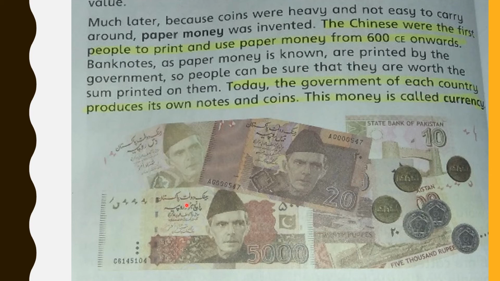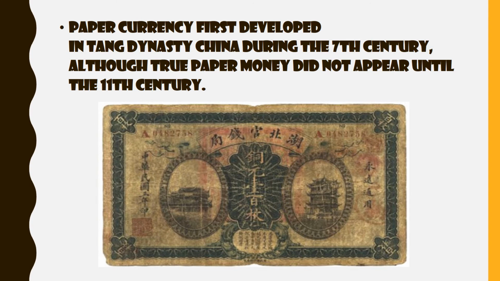Here you can see some of the notes, paper money that has been printed by the government of Pakistan, and here you can see some coins. The government of each country produces its own coins and notes. This money is called the currency of that particular country. So kids, who invented the first paper money?